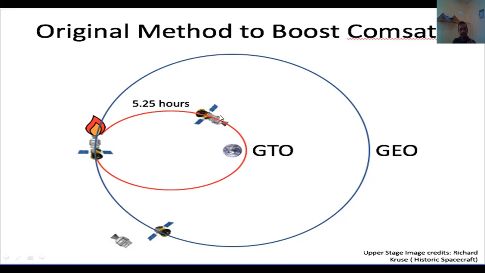One particular satellite comes to this position. See, when the satellite comes to this position, we boost it. This is the method to boost ComSat, which is one type of satellite. Landsat or IRS, or any satellite goes like this only.